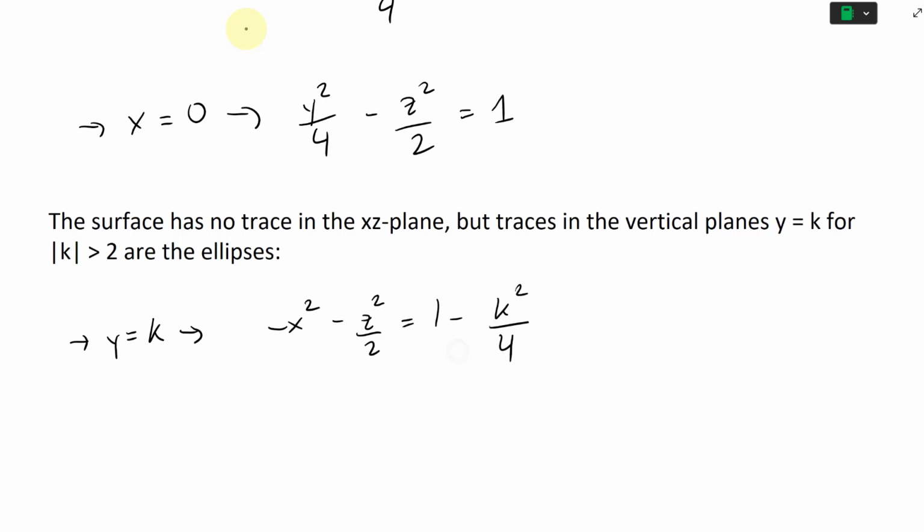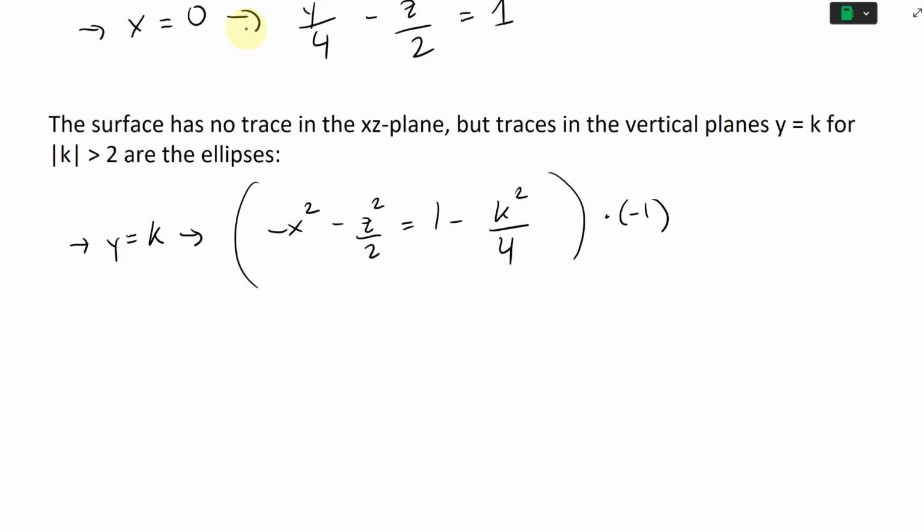And what I'll do here now is just subtract 1 on both sides. So what we're going to get is x squared plus z squared over 2 equals k squared over 4 minus 1, like that. Yeah, so we have it like this.